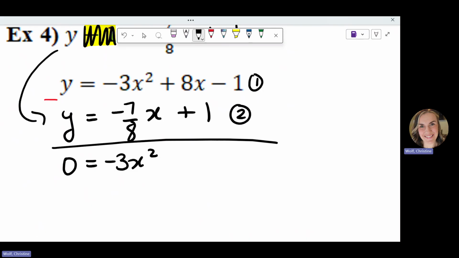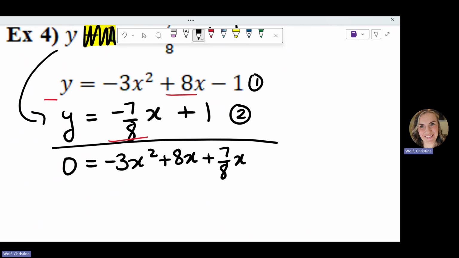Okay, next I have a problem. I have a positive 8x, and then I am minusing off this negative 7 over 8x. I can't do that in my head. So if you need to go off to the side and do that, by all means, or you are allowed to physically just write it out.